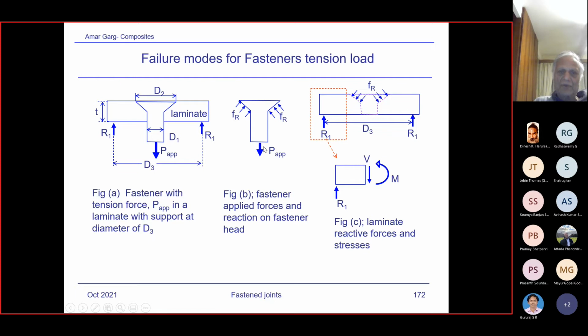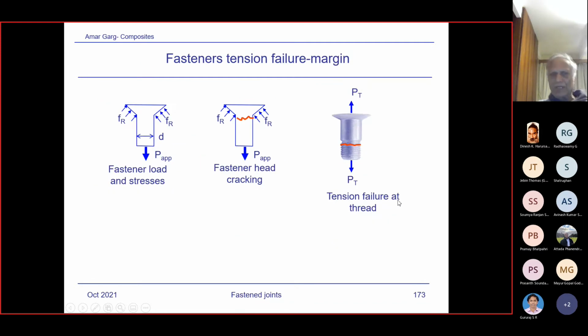So that means the free body diagram would be like this: when you are trying to pull it up, the reaction load on the head, and the support load I have shown over here. So it creates some bending at this section. Again, this is from the free body diagram.